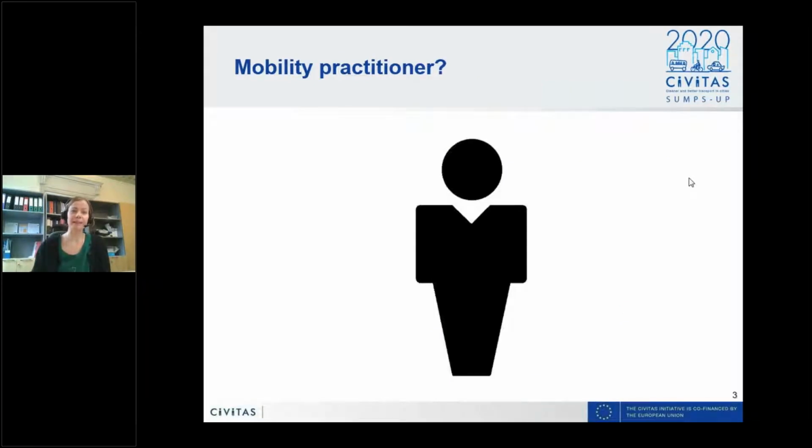We have defined that as any individual who is interested in mobility, can work for a municipality in a transport department or maybe in another related department like city planning, but somehow mobility is related to that person's work, or also a person who works for a consultancy or city network or NGO. So different kinds of individuals who have interest in mobility and especially in sustainable urban mobility plans.